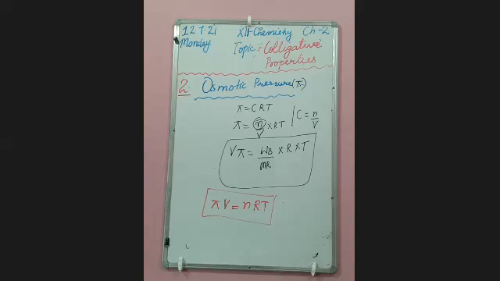Now, isotonic solution. Wherever the word iso is given to you, iso means same. Such solutions which have the same osmotic pressure at the same temperature are known as isotonic solutions.